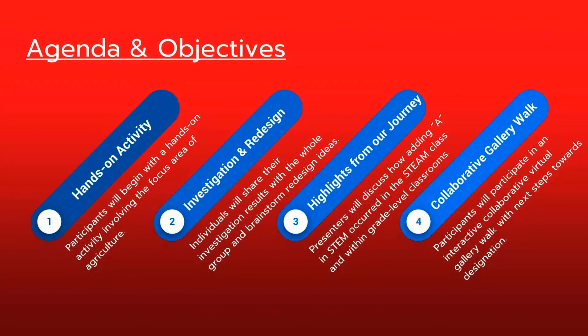Next, we'll highlight some different pieces from our journey to STEM designation and how adding the A to our STEM occurred in the STEAM class along with our grade level classrooms. And then lastly, we will break out into a collaborative gallery walk to help discuss next steps towards designation or redesignation for those of you who have already received that.